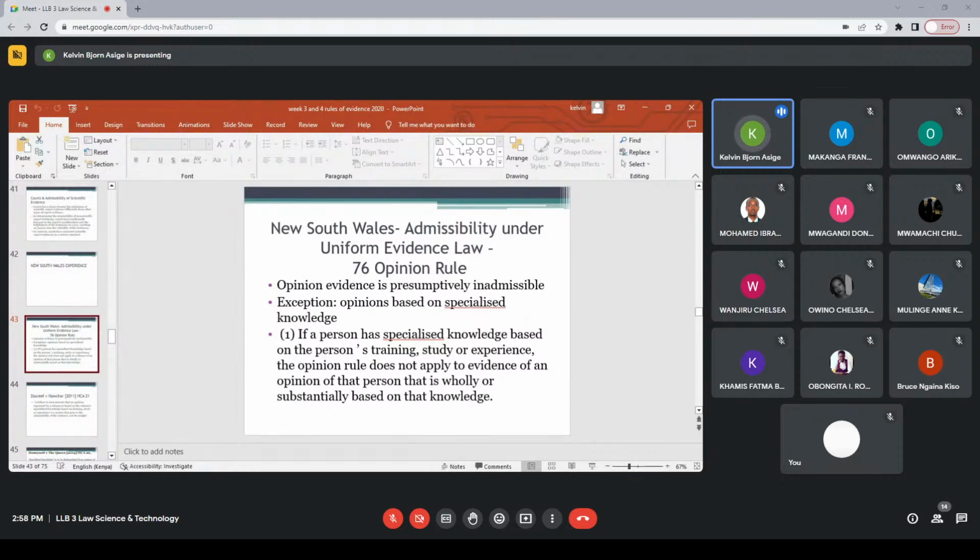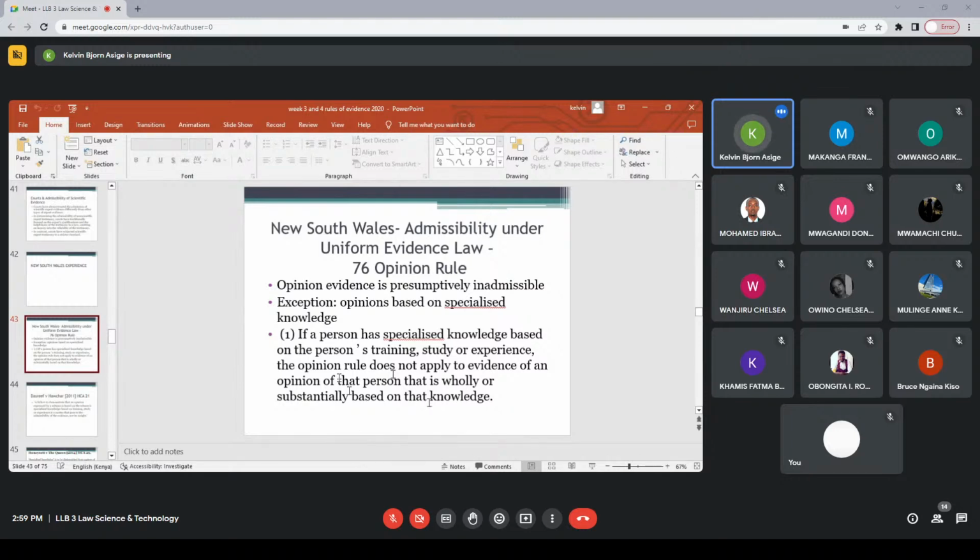Rule 76(1) says that if a person has specialized knowledge based on the person's training, study, or experience, those three issues, the opinion rule, i.e. the inadmissibility of opinion evidence, does not apply to the evidence of an opinion of a person that is wholly or substantially based on that knowledge. And that knowledge has to be based on training, study, or experience.